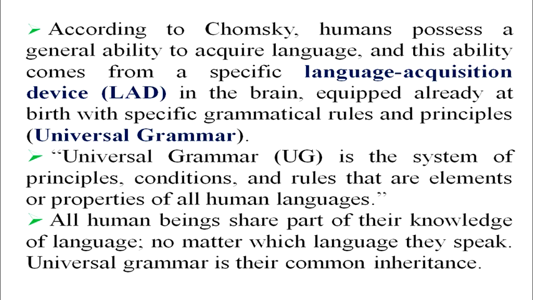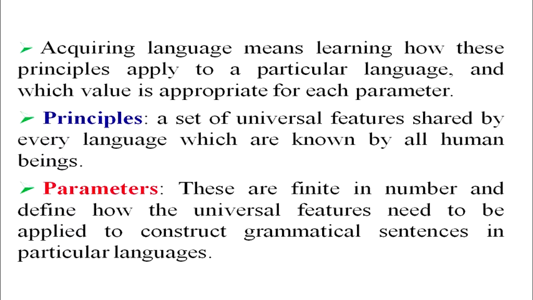We get it inborn. This is innate. By birth, we are equipped with this grammar in the language acquisition device. Acquiring language means learning how these principles apply to a particular language and which value is appropriate for each parameter.